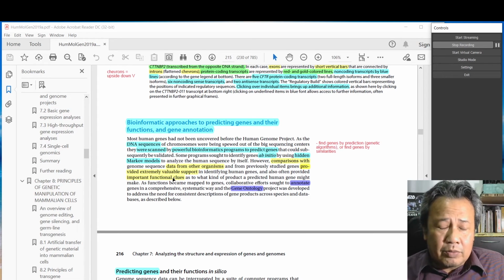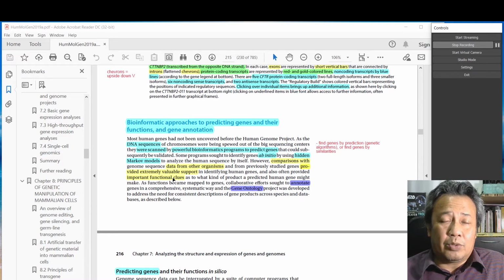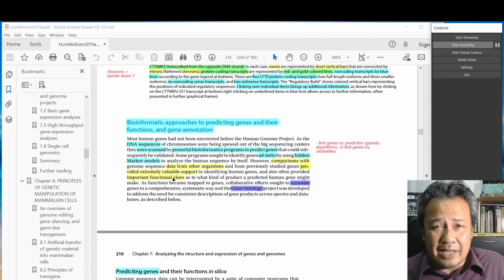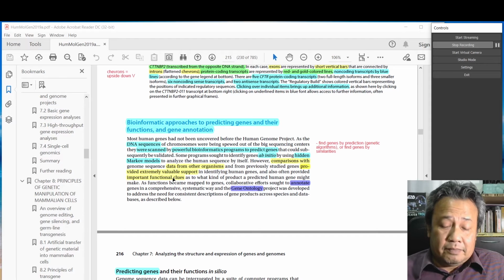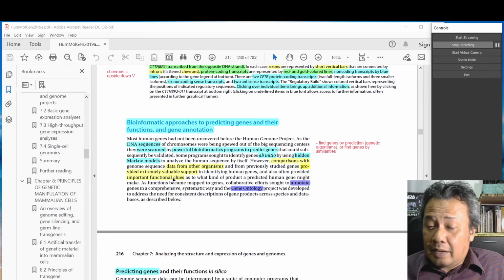The other way to identify genes is by looking at similarities. Remember, the Human Genome Project is not just about getting the sequences from the human genome, they're also getting sequences from accompanying genomes, the E. coli, the yeast, and so on. So they start to compare, because obviously the microbes, the yeast, have smaller genomes and are not as complex as the human genome.